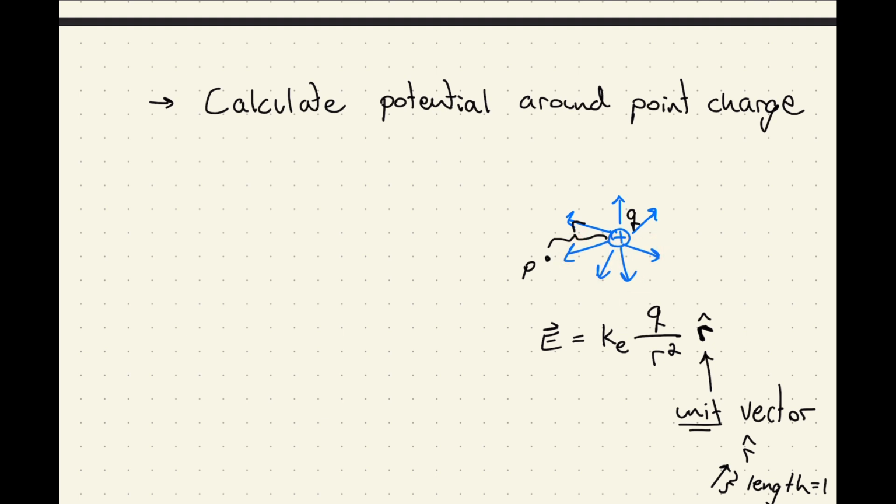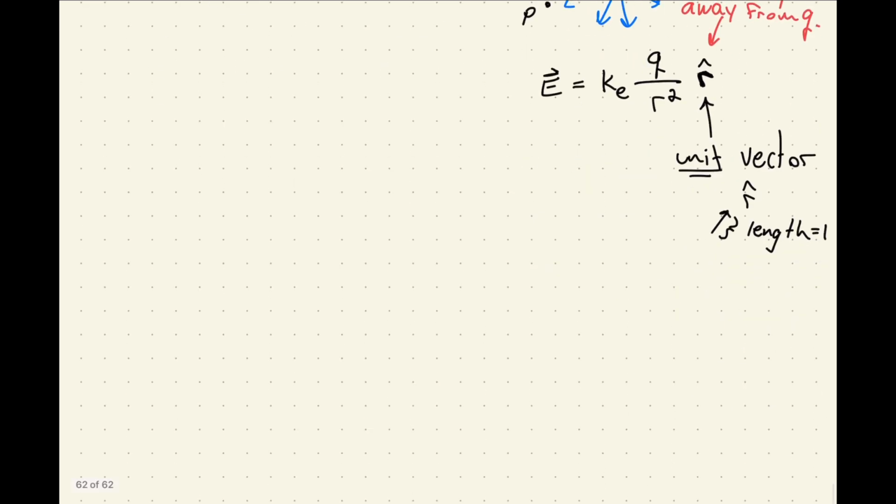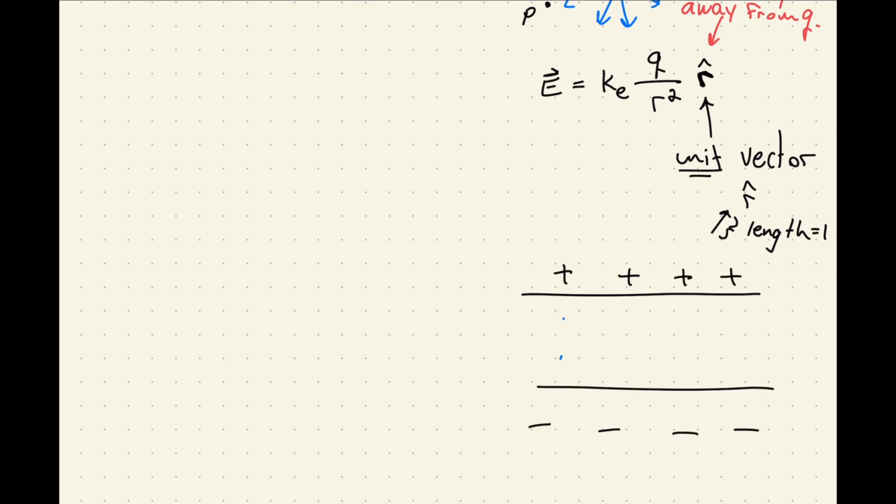Okay, so another thing that is important here is this is radially away from Q. That's by definition. In other electric fields, for example, the electric field inside oppositely charged capacitor plates, this electric field is uniform.